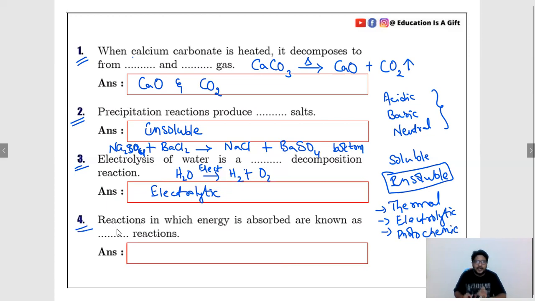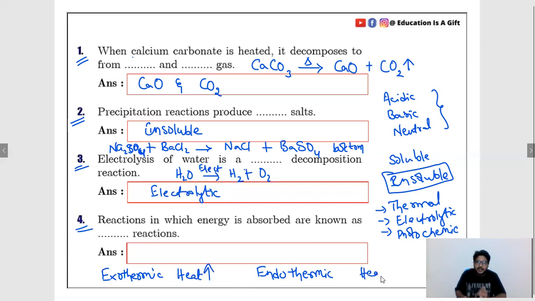Number 4. Reactions in which energy is absorbed are known as dash reactions. We have two types of reactions. First one, exothermic reaction and endothermic reaction. While coming to exothermic, in an equation, if you observe, heat energy is liberated out, generated, it is called exothermic.